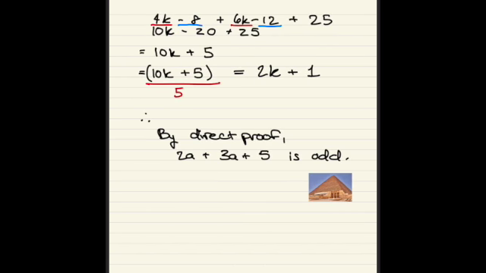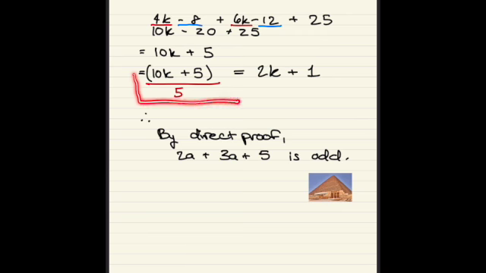And if we bring it over here, with 4k minus 8 plus 6k minus 12 plus 25, by like terms, 4k and 6k together will give us 10k, minus 8 minus 12 together will give us minus 20, giving us 10k minus 20 plus 25. Further evaluating to 10k plus 5.